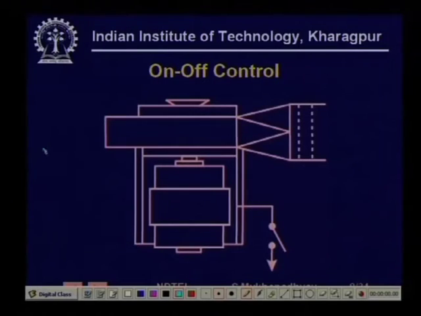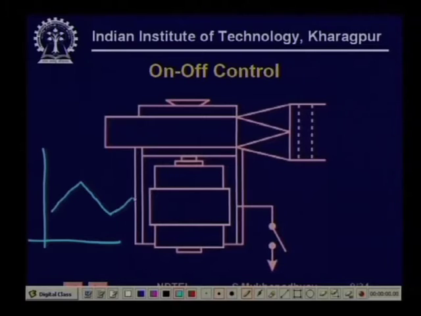So, what will happen if you do that? If you switch on the fan, the flow rate will rise for a little time, then it will fall again, and then you will switch it on and then switch it off. So, you will be able to establish an average flow, and this average will actually depend on what is known as the duty ratio.